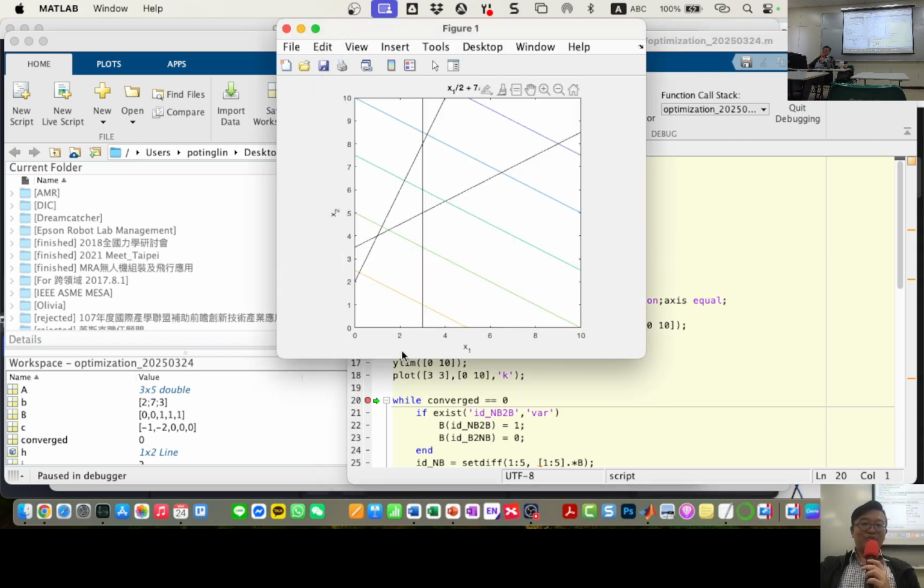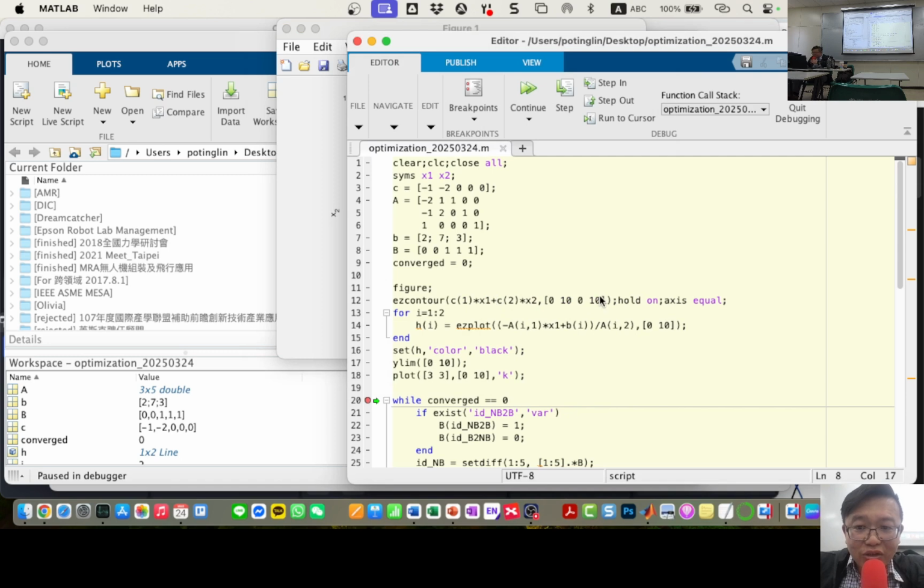That's actually the original problem. Okay, and we are actually within this region, and the true solution is actually 3 and 5, but we initially were in 0 and 0. Let me plot it in the zone of 0 to 6, so you can see the whole thing even more clearly. 0 and 6.